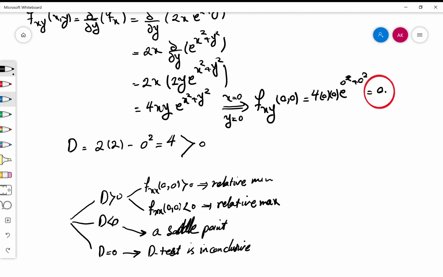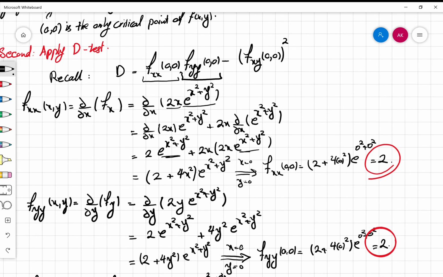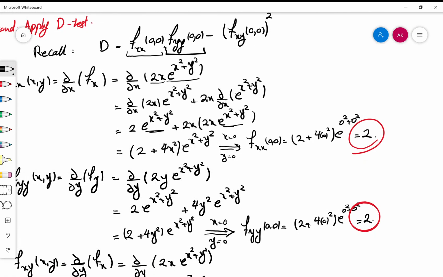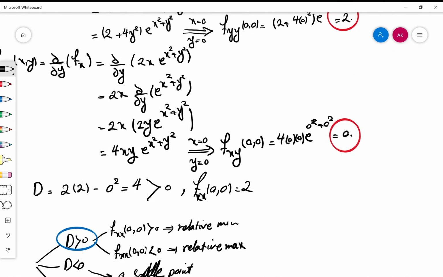So here what happened for us is that now we see that D is positive. Then we go ahead and check what was fxx at (0, 0). We found it, it is here. It's 2. And it is positive.